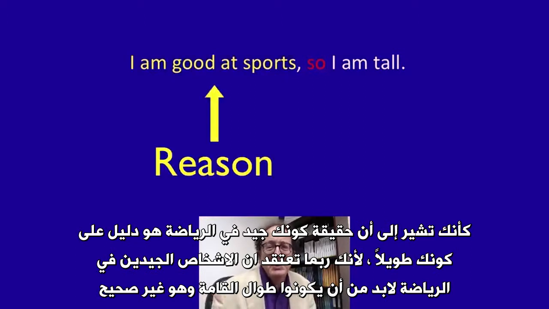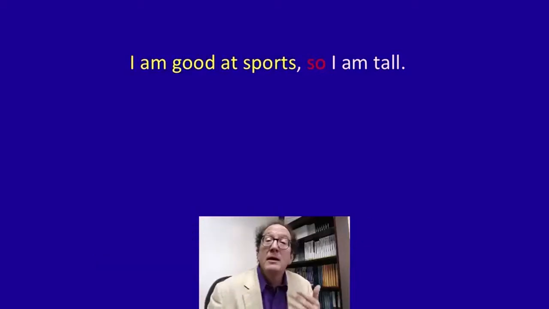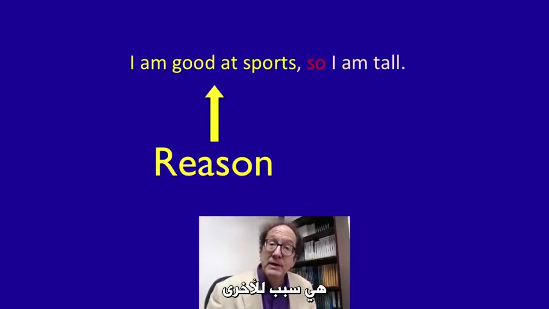But if you say, I'm good at sports, so I am tall, then you're indicating that the fact that you're good at sports is some kind of evidence that you must be tall, maybe because you can only be good at sports if you're tall, which isn't true. That just shows it's a bad argument, but it is an argument because by using the word so, you're indicating that one of the sentences is a reason for the other.